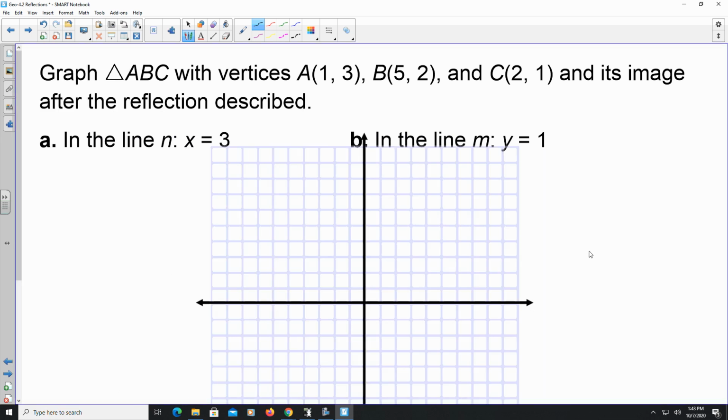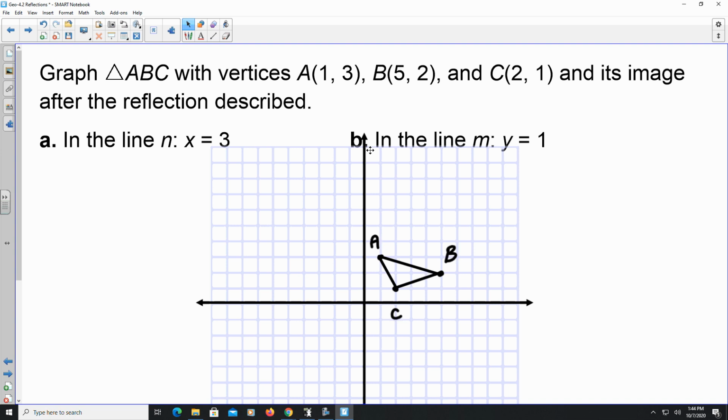Let's plot these points. 1, 3 is my value for A. Then 5, 2 is B, and then we got 2, 1, and we have C. To make it a little bit neater, I'll just use my line segment. Here, and then here, and there. So here are my points ABC.